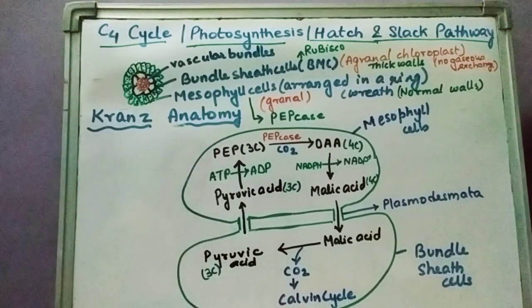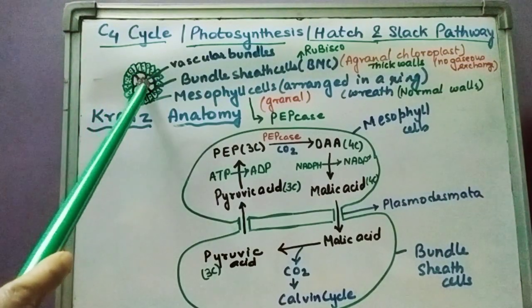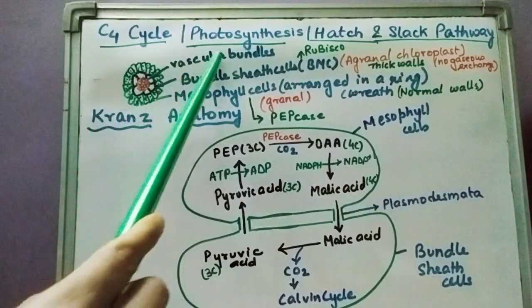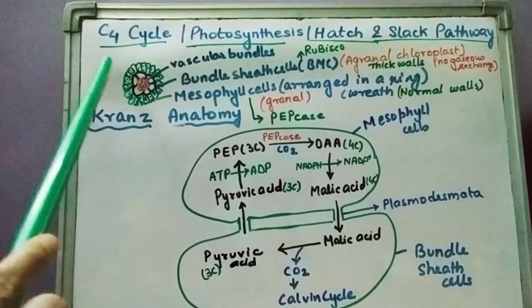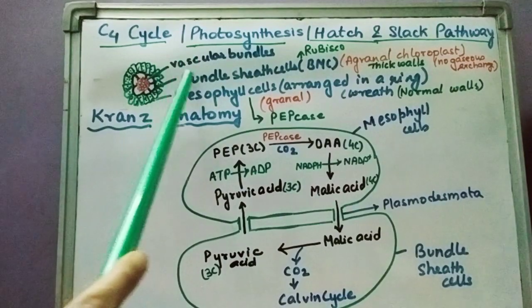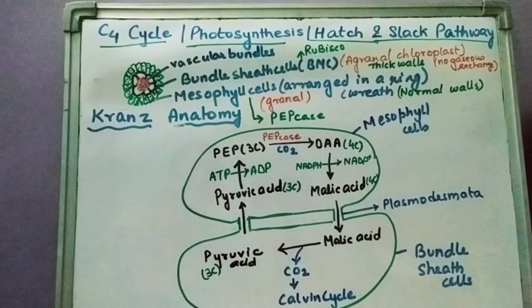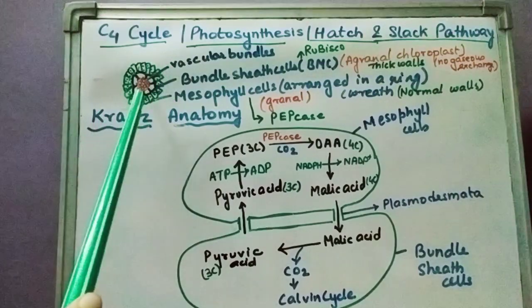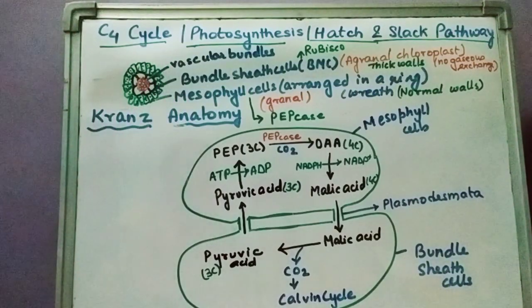In this cross section of the leaves we see vascular bundles, which are surrounded by cells called bundle sheath cells, and a third layer called mesophyll cells.